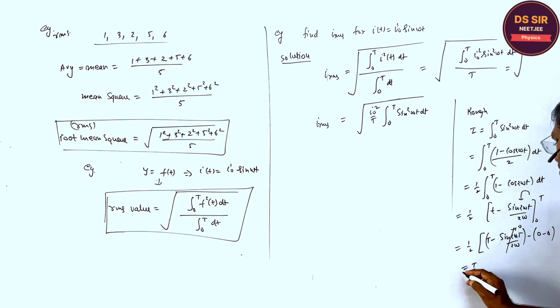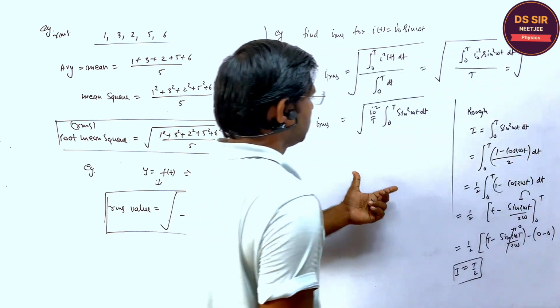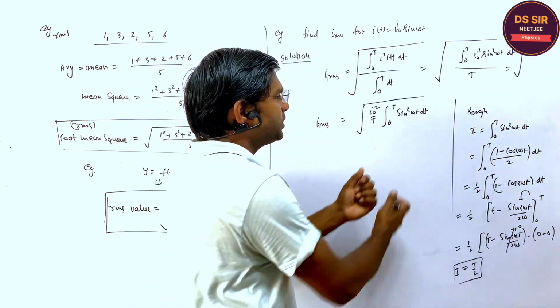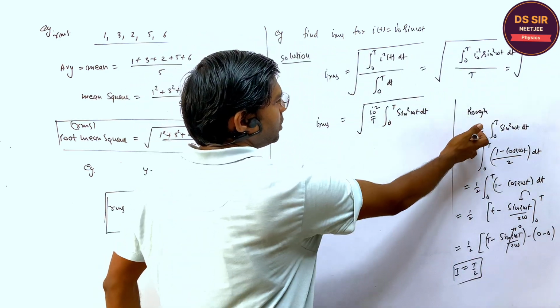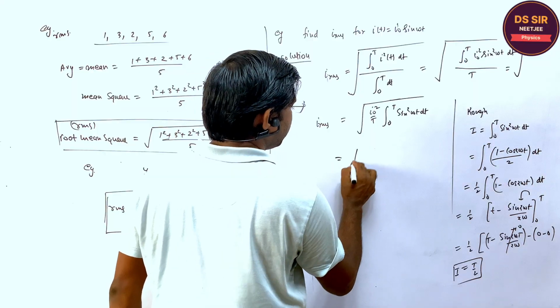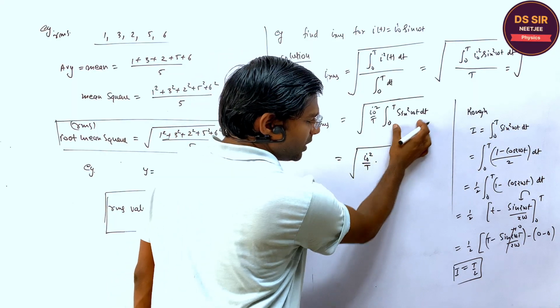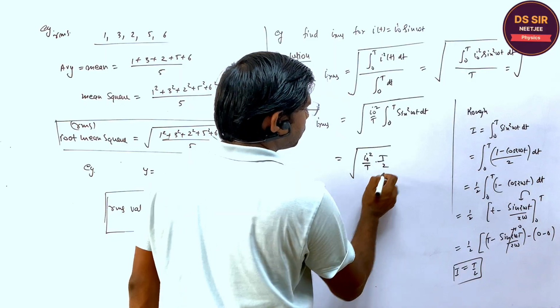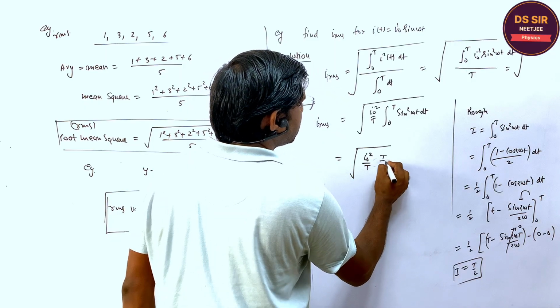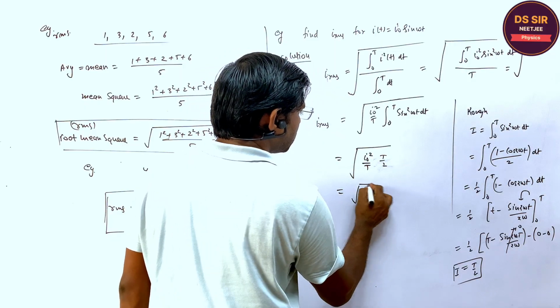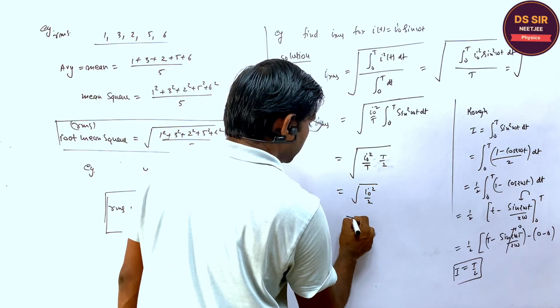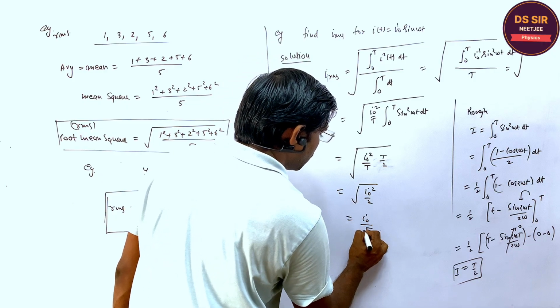So its integration is T by 2. Do you understand or not? So this integration can be done in continuation, although I have done it in the rough. So this is I0 square by T, and its value is T by 2. It will cancel out, I0 square by 2, and this is equal to I0 by root 2.